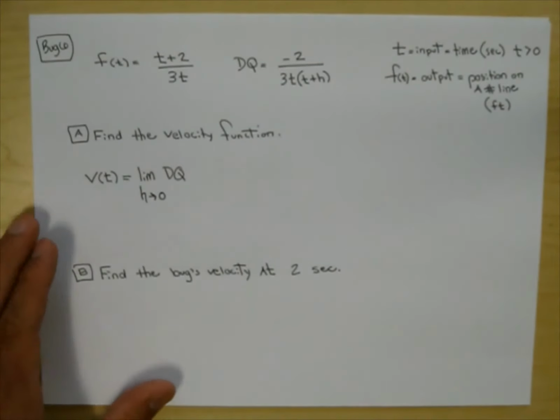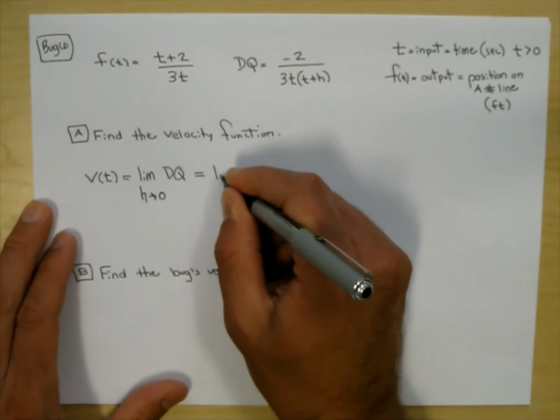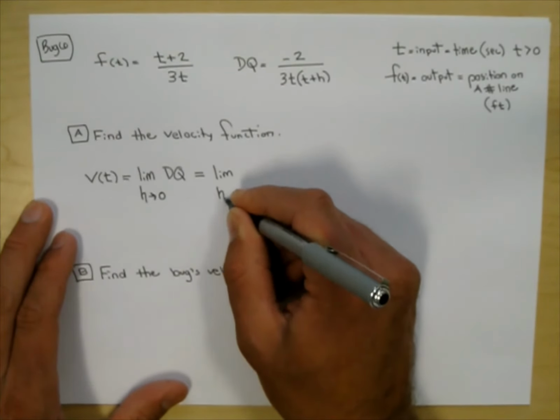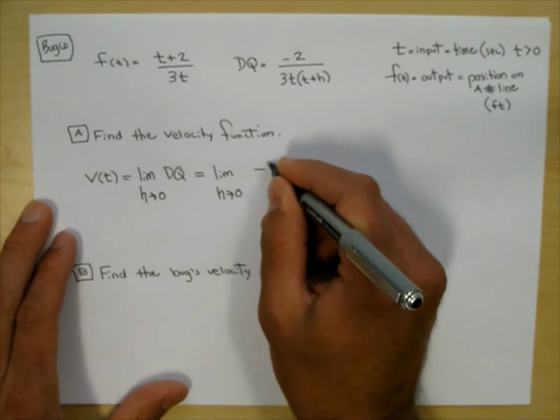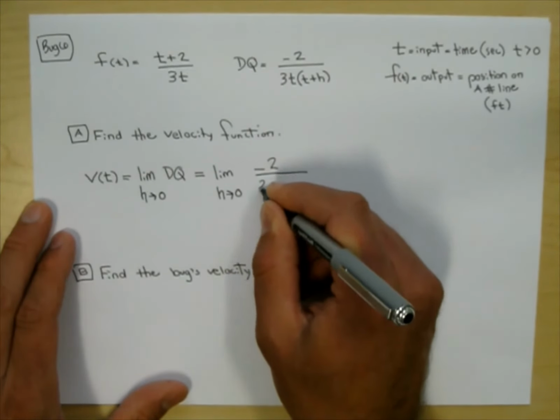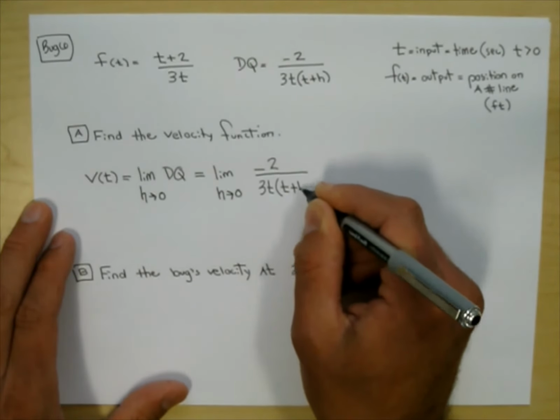And we kind of derived that in the earlier lectures. So we have the limit as h approaches 0 of dq, which is -2 all over 3t, t plus h.